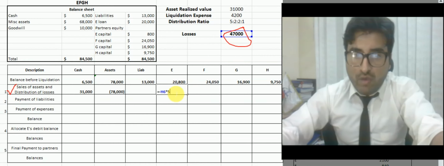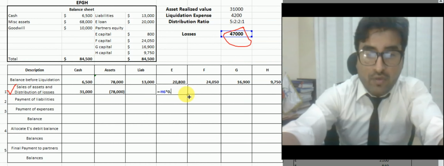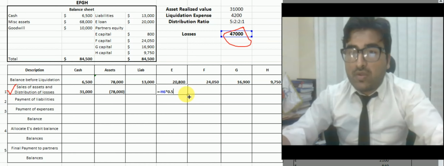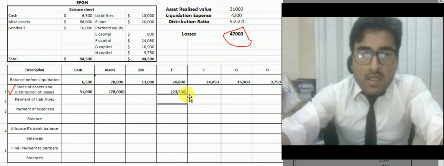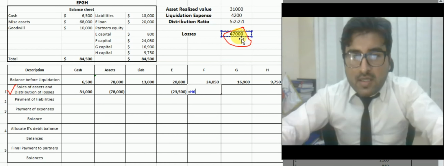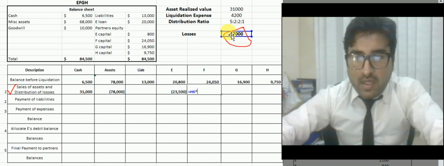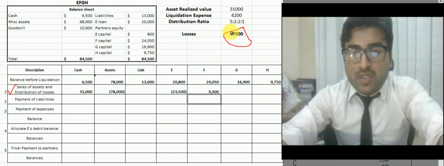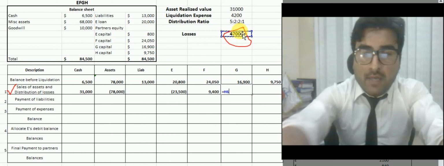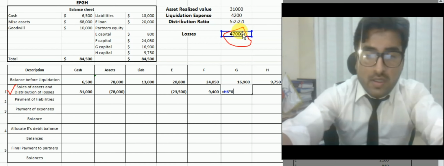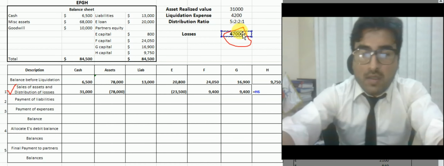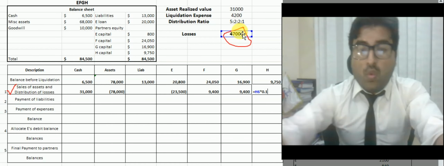Sorry, not 5, it is 0.5, because 5 means 50%, and that is equal to 0.5. Now for F, equal sign, this is the loss, and multiply this by 0.2, so this is 20%. Then equal sign for G, multiply this by 0.2, and the same for H, multiply by 0.1, 10%.